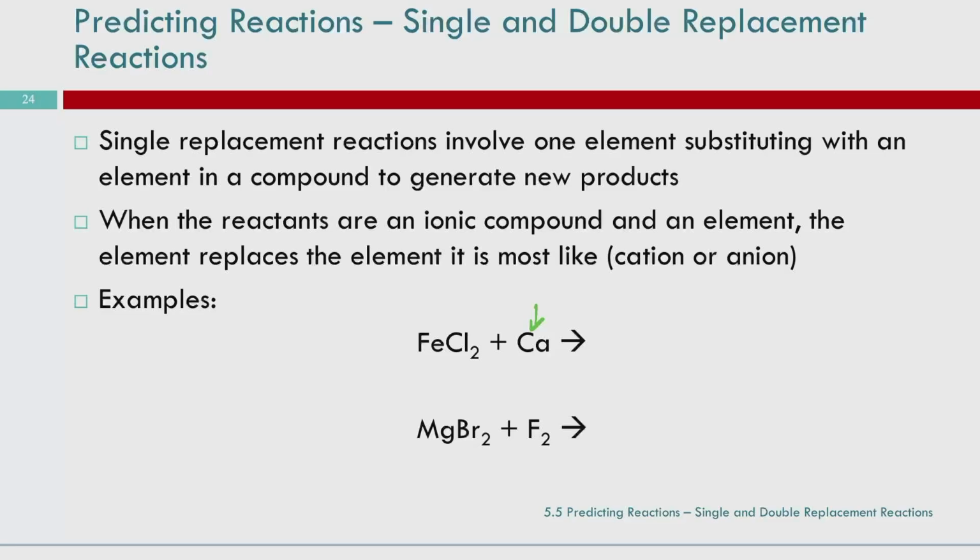It's an alkaline earth metal, so it's a metal. And it's going to form what charge? 2. So Ca2+, it's a metal. Which of these two, Fe or Cl, is a metal?